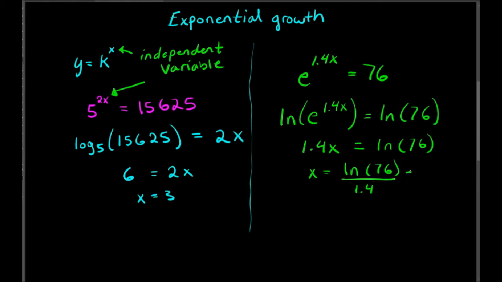But when you see that, that's a natural log, which means a log base e. So if I take the natural log of both sides, that exponent goes away, and I just get 1.4x is equal to the natural log of 76, and I can plug that into a calculator. Your calculator should have a natural log button, and when I do that, I get x is equal to 3.093.